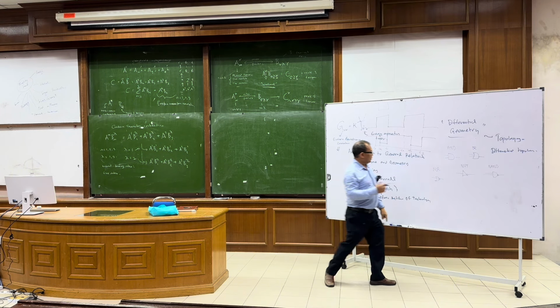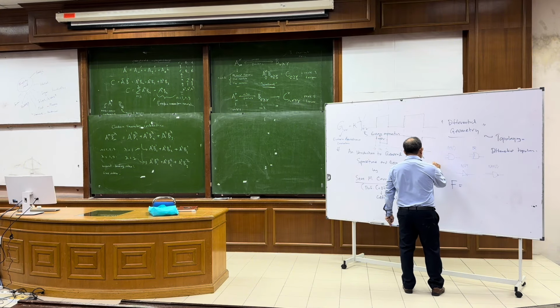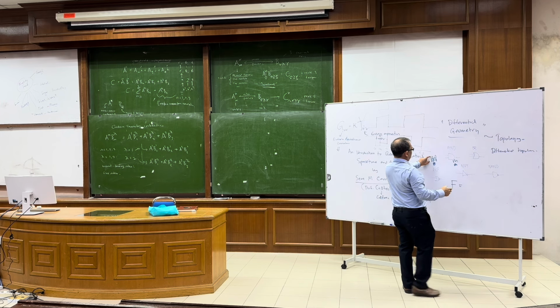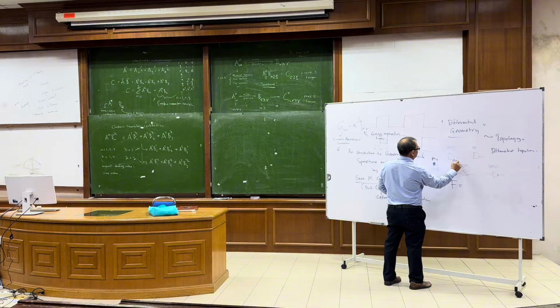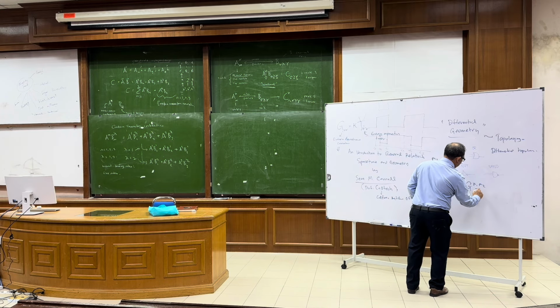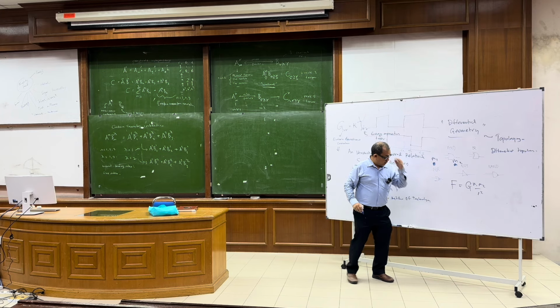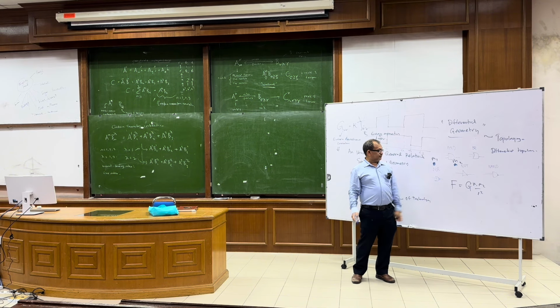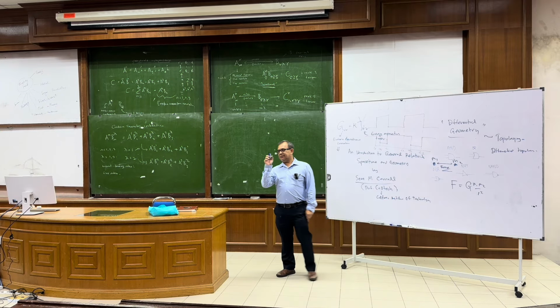For Newton, gravity is the force between two particles, two masses, M1 and M2. So this is G M1 M2 over R squared. This is Newton's definition of gravity. I think you know it already. So gravity as Newton perceived it is a force. But Einstein perceived it differently.